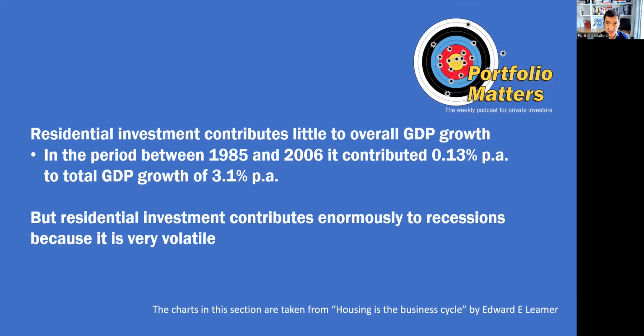So residential housing contributes only around 3% of overall GDP growth. But residential housing contributes enormously to the business cycle because it is so volatile.